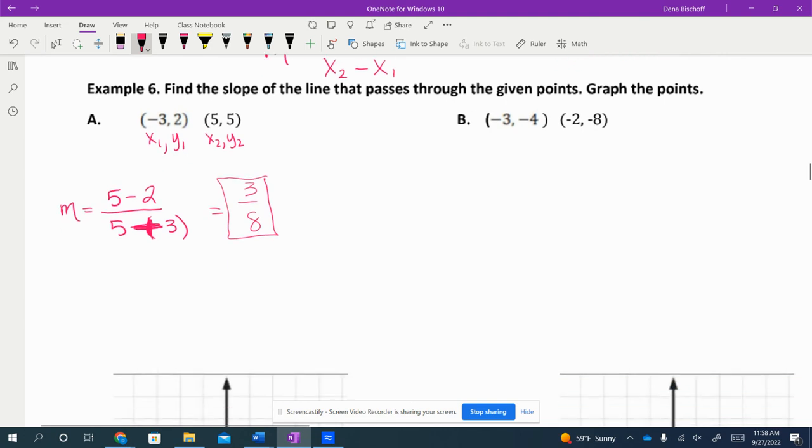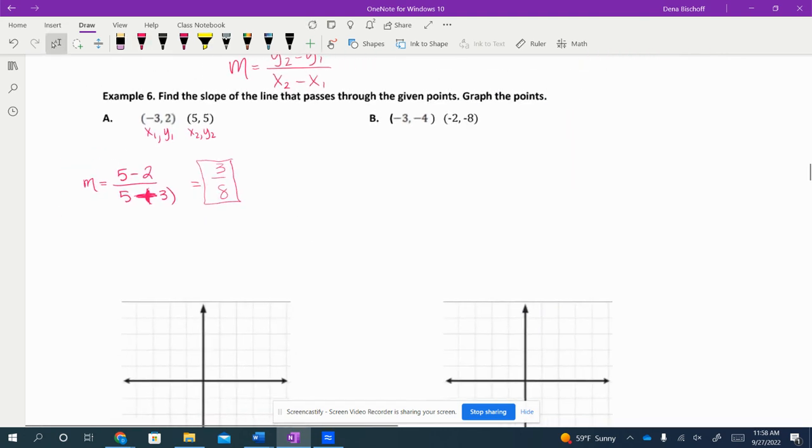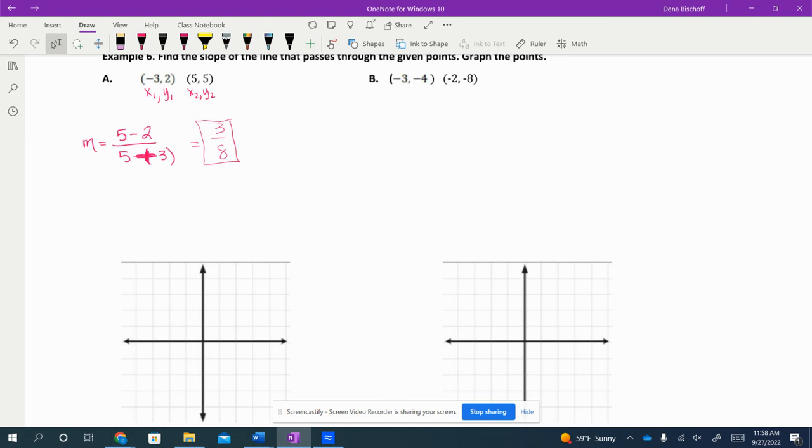Okay, I'm going to jump down to this graph really fast. So I want to plot the point -3, 2. And then I want to plot the point 5, 5, over 1, 2, 3, 4, 5, up 1, 2, 3, 4, 5. It didn't show up on your copy?